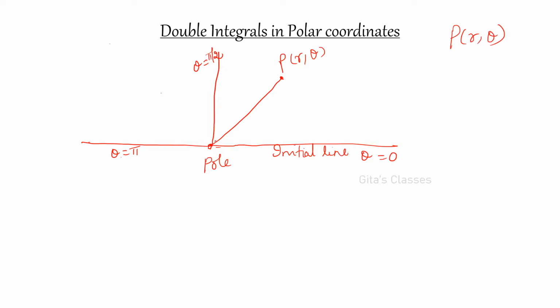That means this is the distance r, that is, r length. This line we are rotating from the initial line by theta degrees. From the initial line, measure r distance and rotate in the anti-clockwise direction by theta degrees. Understood? So that is r and theta.